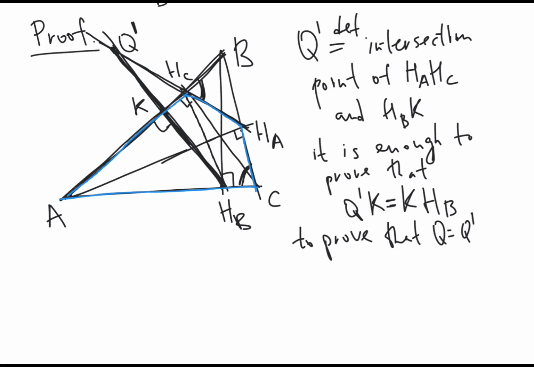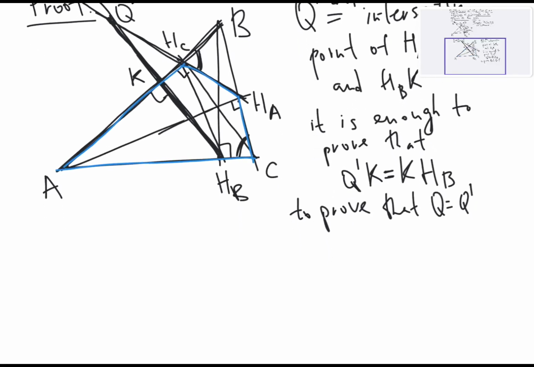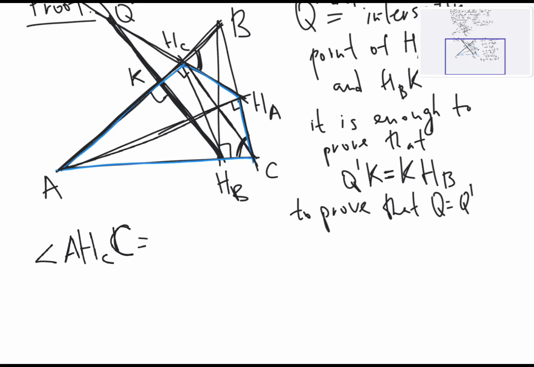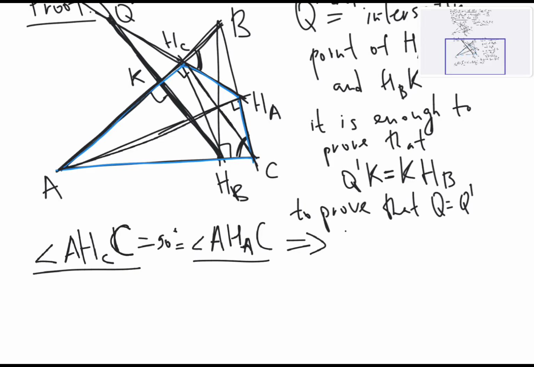This is because it has the angles, this angle is equal to this angle and is equal to 90 degrees. So the angle A H_C C is equal to 90 degrees, which is equal to the angle A H_A C. Because of the equality of these two angles, it implies that this quadrilateral A H_C H_A C is cyclic.